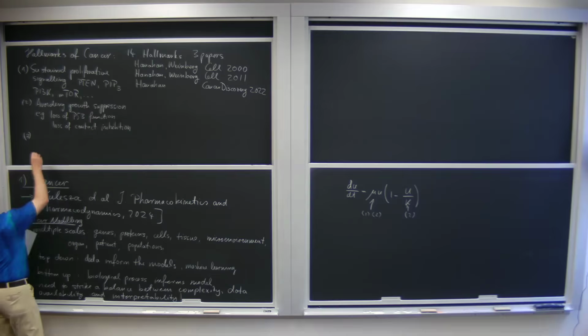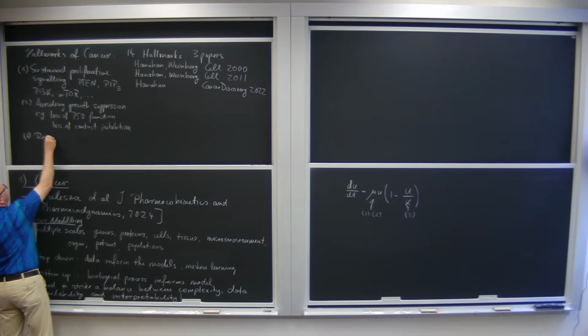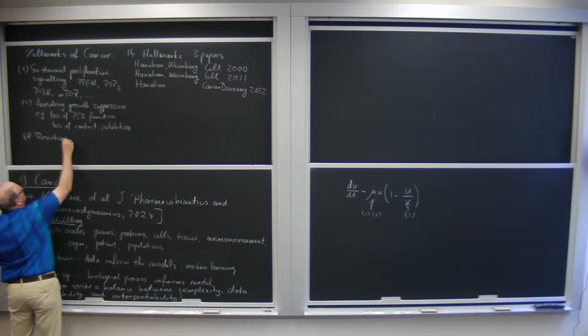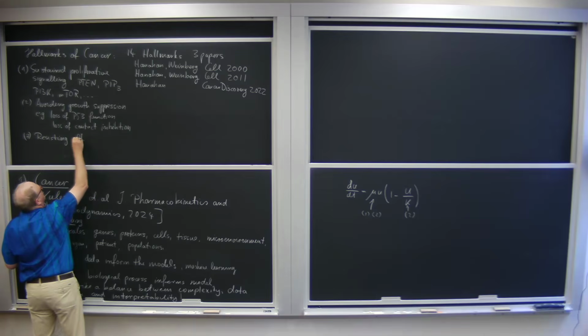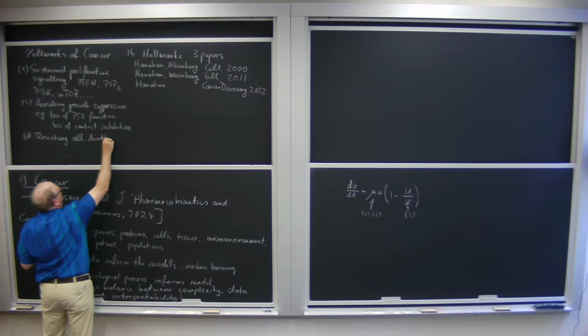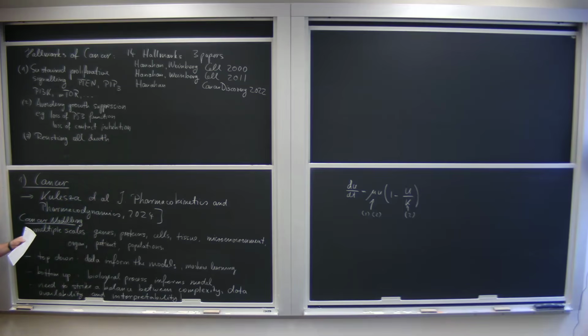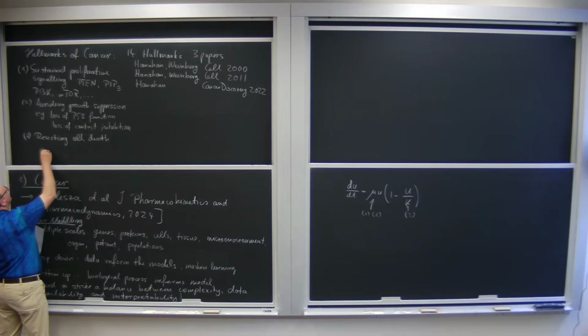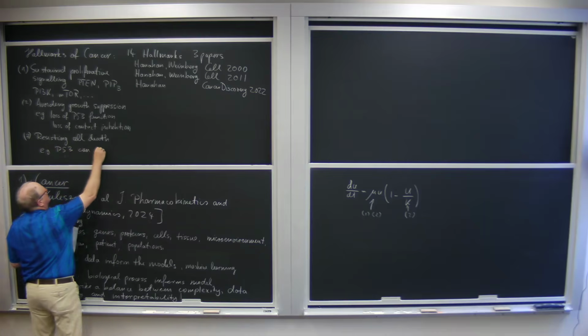Okay, third one, resisting cell death. So here the example is also P53. This can signal cell death.